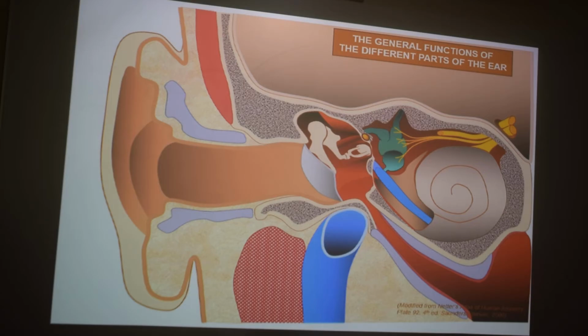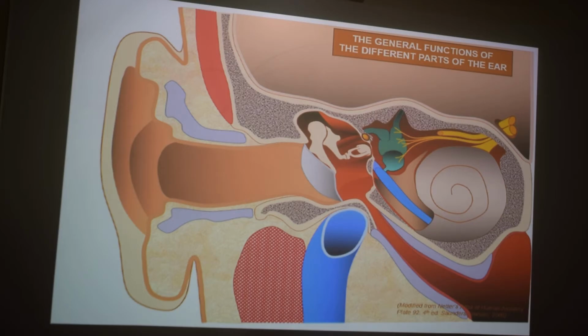And these ceruminous glands secrete a thick wax-like material which is called cerumen, which is wax. The cerumen is released by the ceruminous glands, which are long coiled glands.